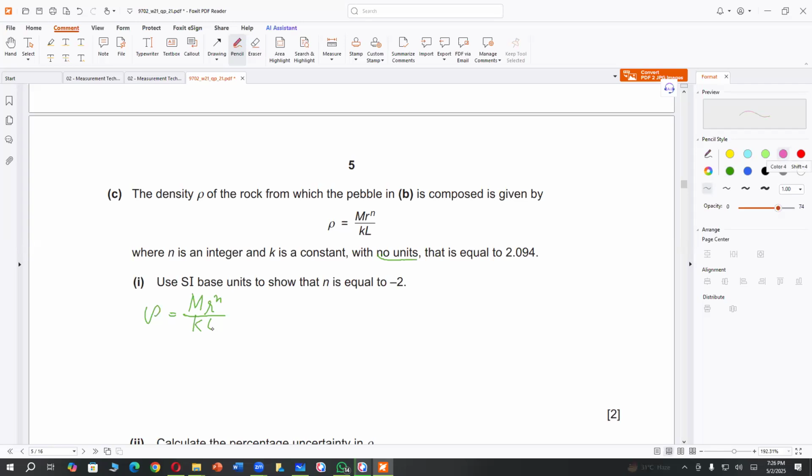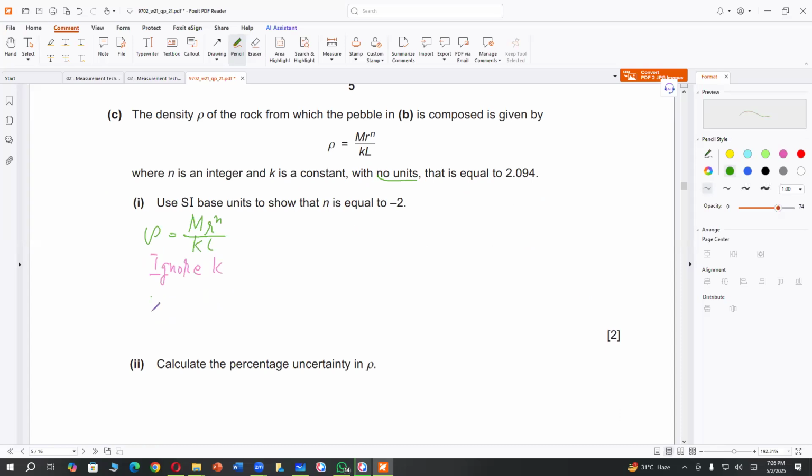So should I ignore K? Yes, sir. K has no units, so I ignore K. It will be M R^N upon L. I have to show that N is equal to -2. So what I should do, I should try to make R power N the subject. It will be density into L upon M. Can you do till here and tell me what to do now?